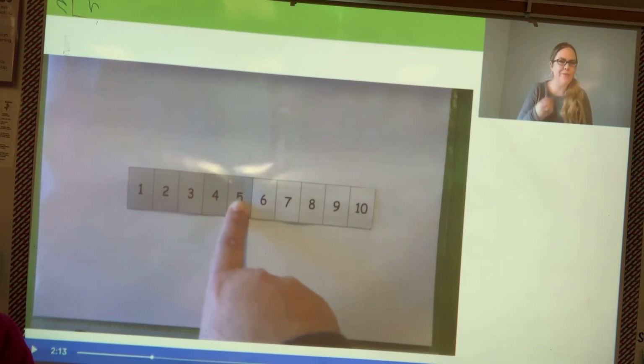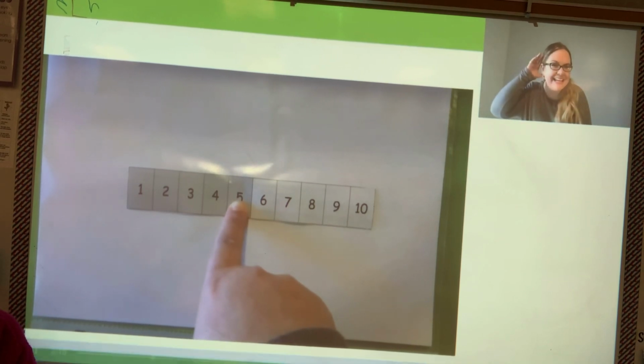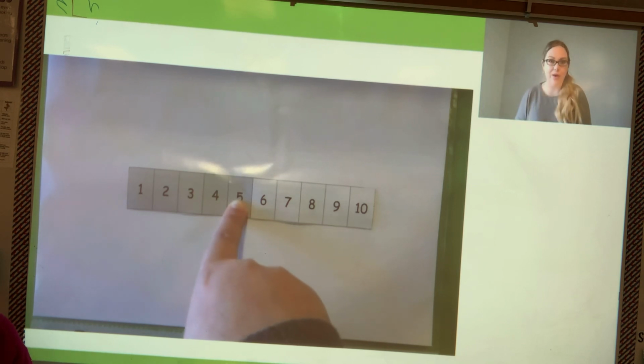If I'm thinking about an addition number sentence, am I going to be adding more or taking away? Adding more. Yes, adding more.